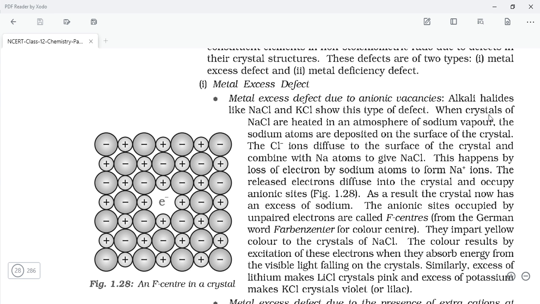Okay, so the metal excess defect due to anion vacancies. Alkali halides like NaCl and KCl show this kind of defect. When crystals of NaCl are heated in an atmosphere of sodium vapor, the sodium atoms are deposited on the surface of the crystal.